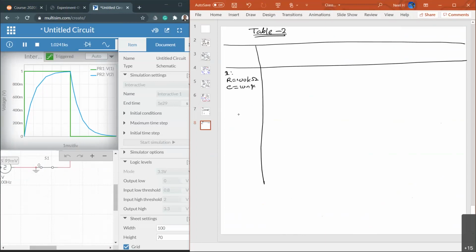Then let's calculate tau, called tau calculated. Unit should be second. You know how to do this calculation, right? Tau calculation is simply R times C, right? So R is 100 kilo, 100 times 10 to the 3, multiplied by 10 nano, 10 times 10 to the negative 6. If you do this calculation, you will get a number, right? 10 to the negative 6 cancels out. This should be about 1 second.